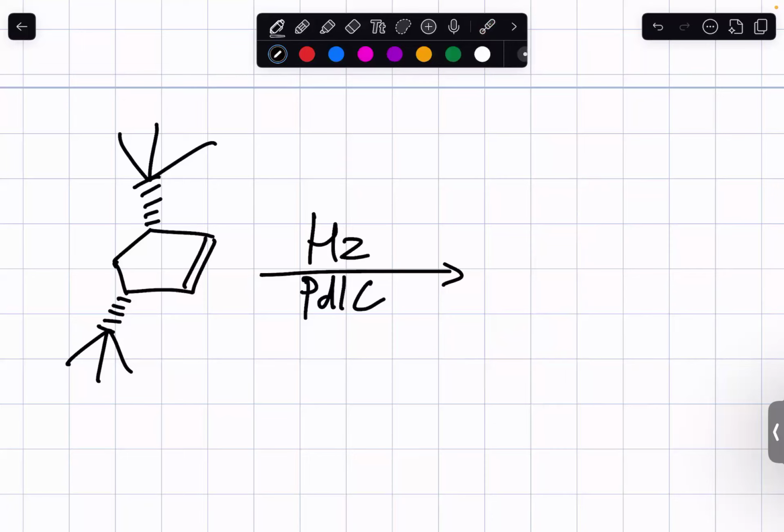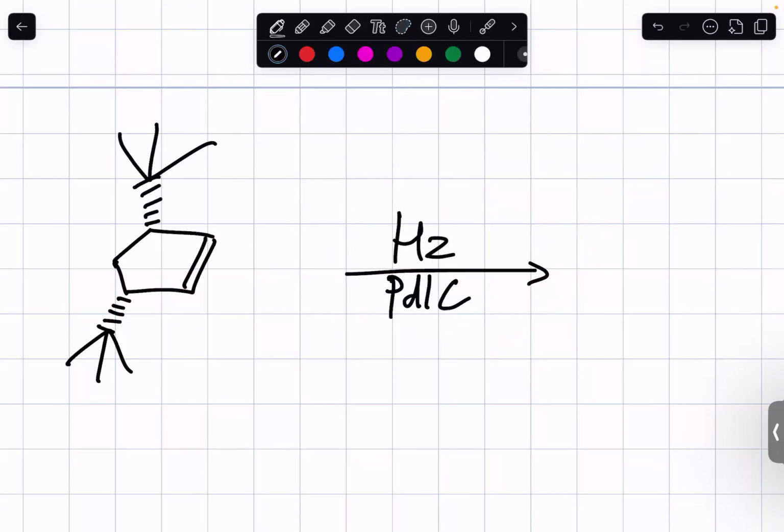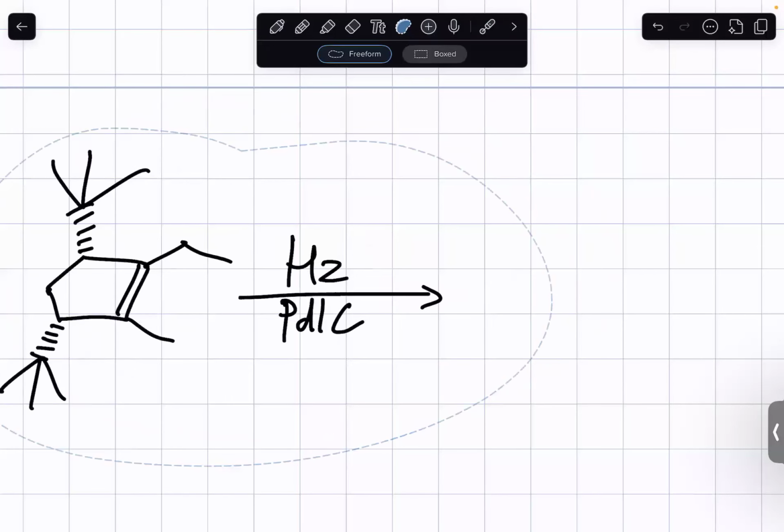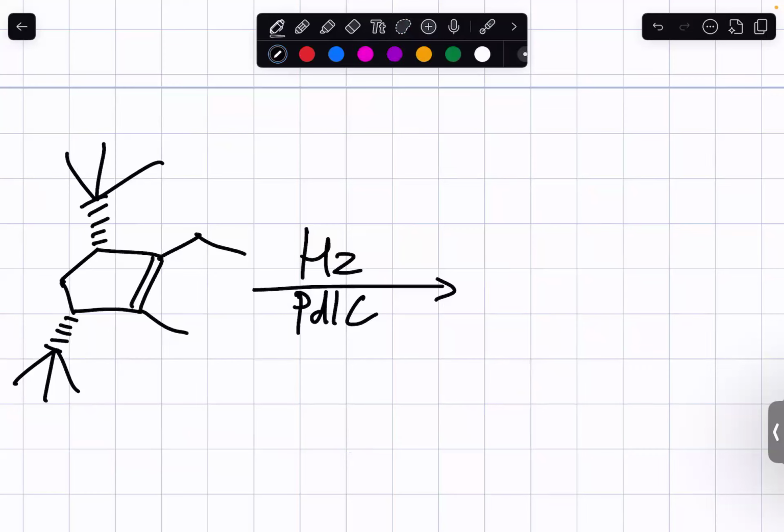Let's say I had an ethyl group here and a methyl group here. If I had an ethyl group up there and a methyl group down there, what would the product look like? Think about the stereochemistry and stereoselectivity here.